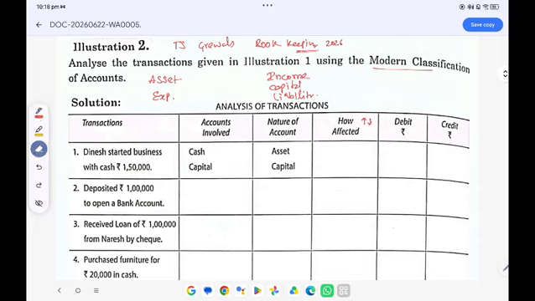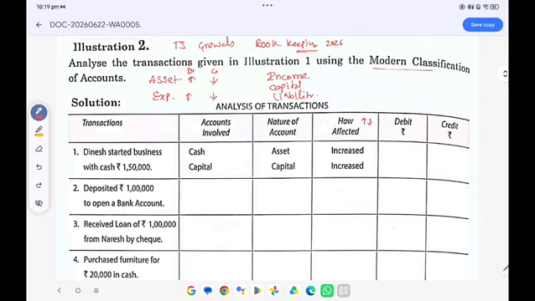And how will it be affected? When Dinesh brought the cash into the business, it increases the cash balance of the business and the capital also increased. According to the rule of modern classification, you can refer to the previous video also. If asset increases, debit; expense increase also debit. Asset decreases, credit; expenses decrease also credit.